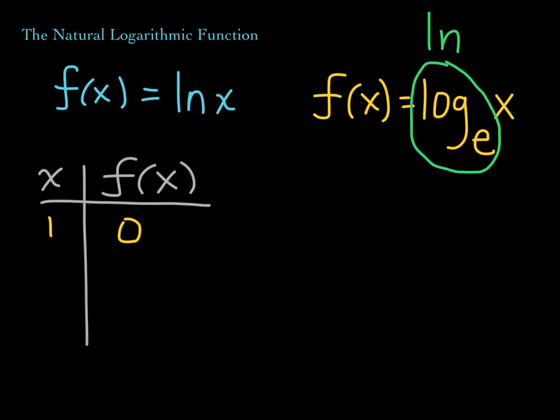That is to say, if you let f of x, which represents y, be 0, your base is e. I messed that up. e raised to the 0th power gives me 1. That's how you read that.